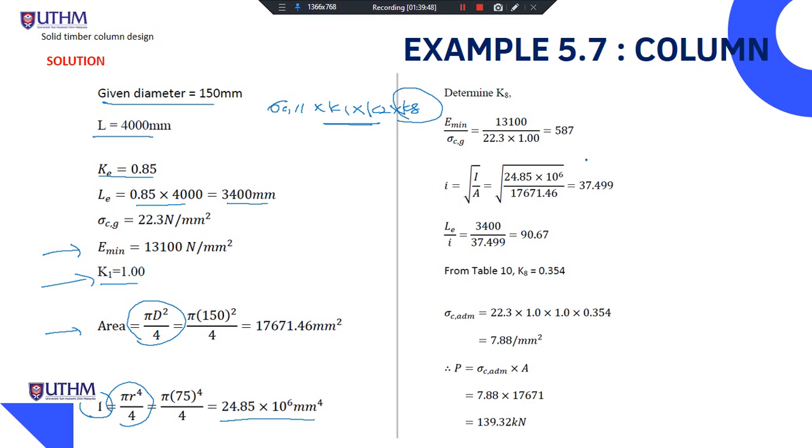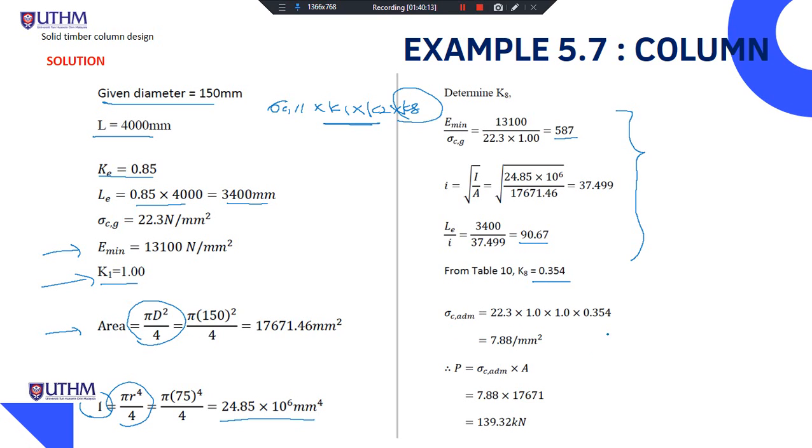Our K8 here is from Table 10, and we got 0.345. You can look at Table 10 and do the interpolation based on 90.67 and also 587, and we get our K8 equal to 0.345.